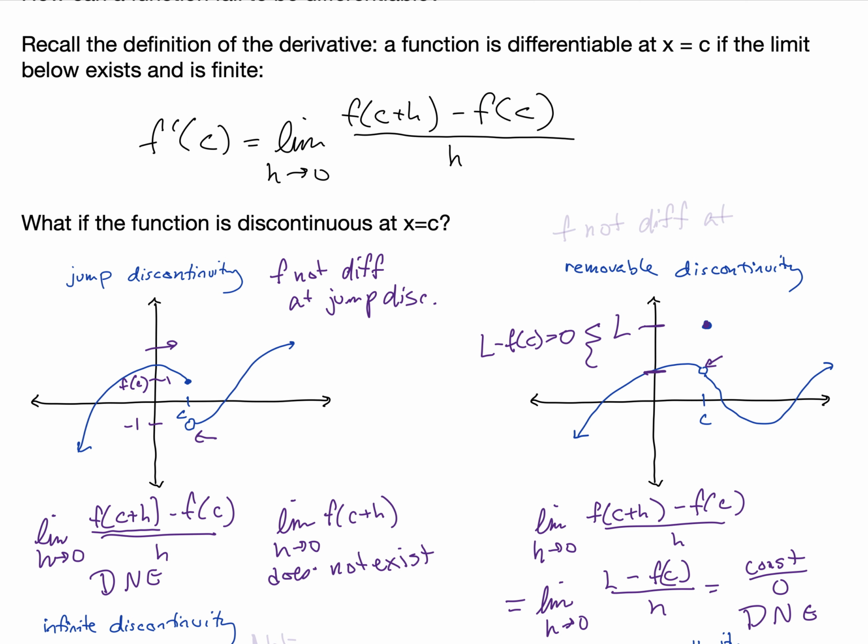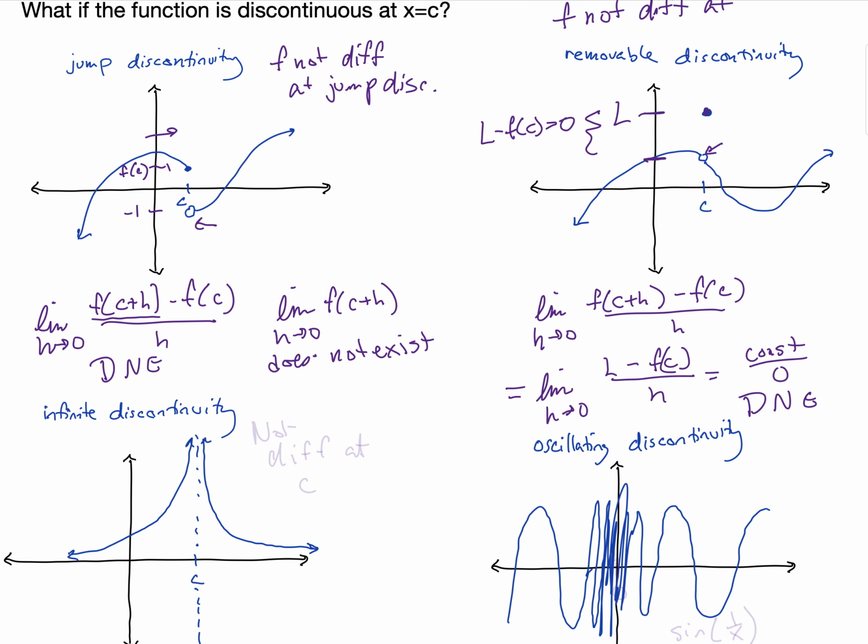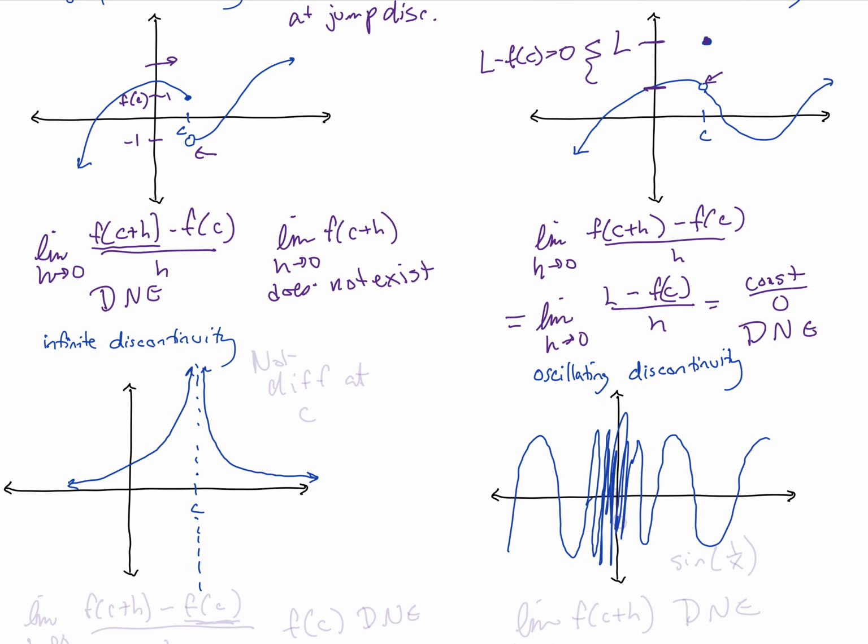It could be positive infinity, could be negative infinity, but it is not a finite value. So again, f is not differentiable at a removable discontinuity either. What if there's an infinite discontinuity? Well, you may be sensing a pattern. It's not going to be differentiable here either.